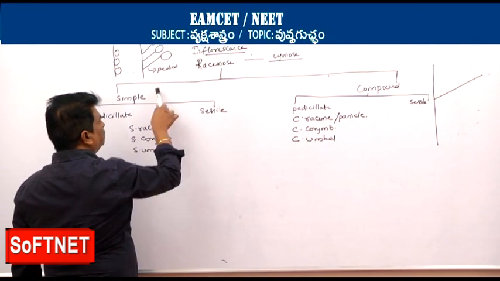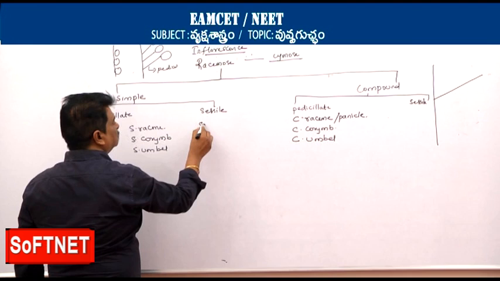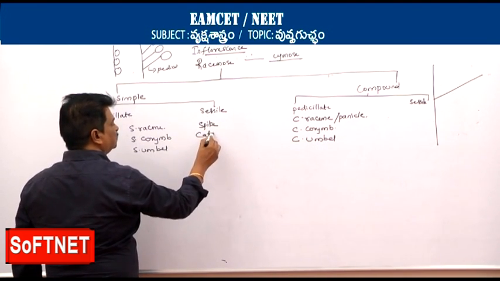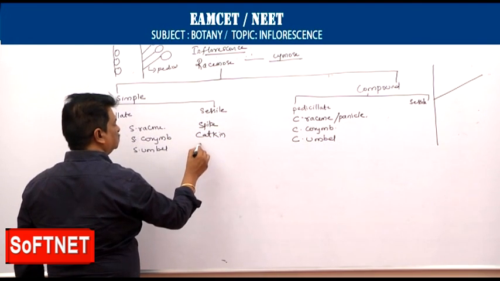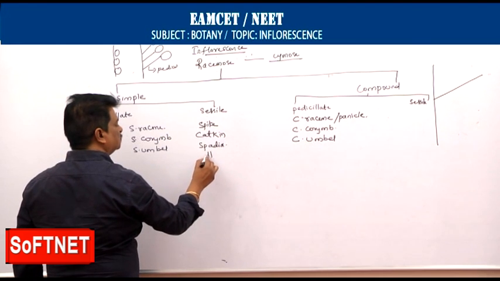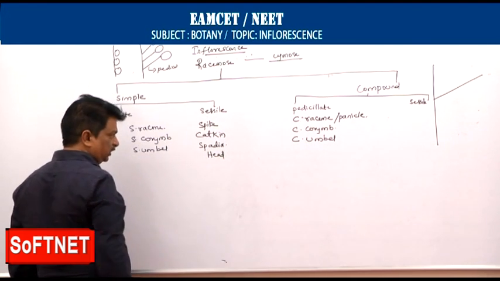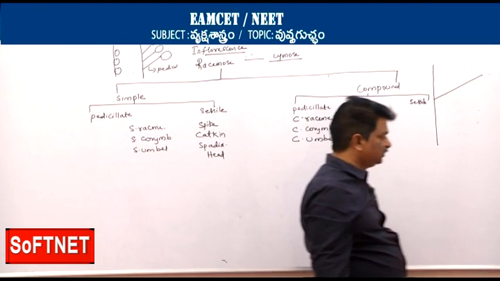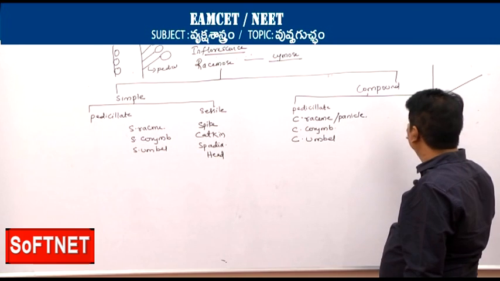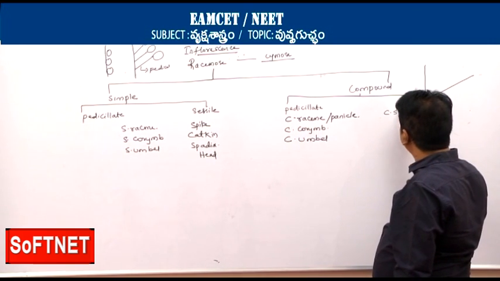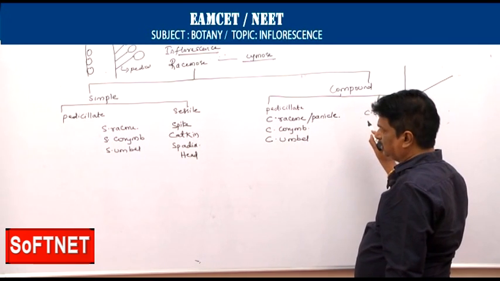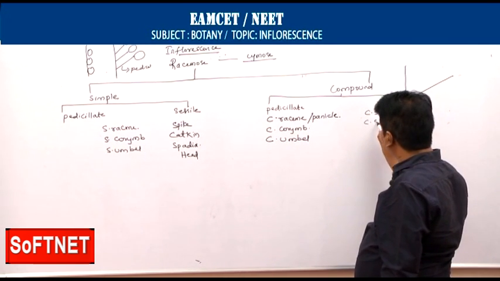Third one, racemose simple sessile. Under this, one is spike, second one catkin, third one spadix, and fourth one head. Then under compound sessile, simple spike becomes compound spike; compound catkin is not yet discovered.